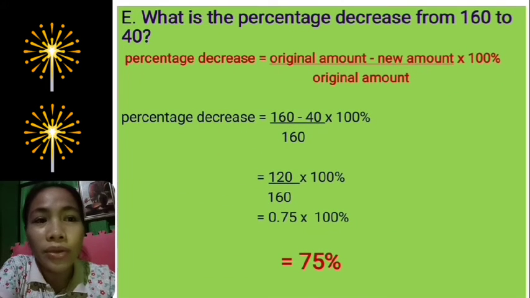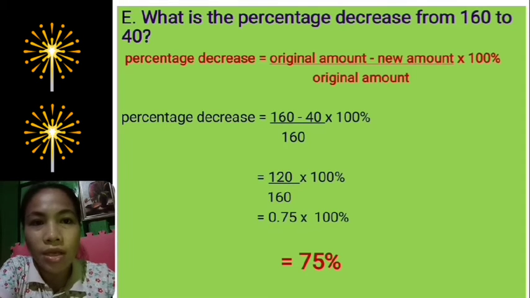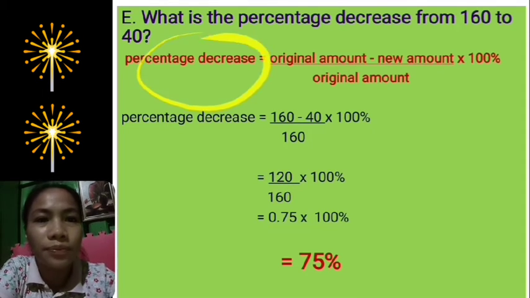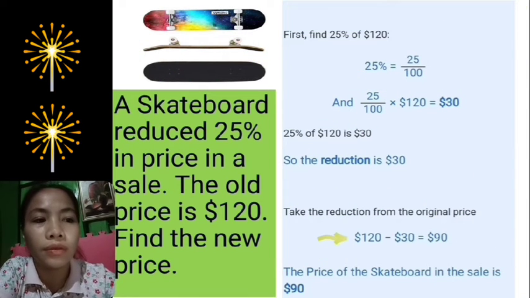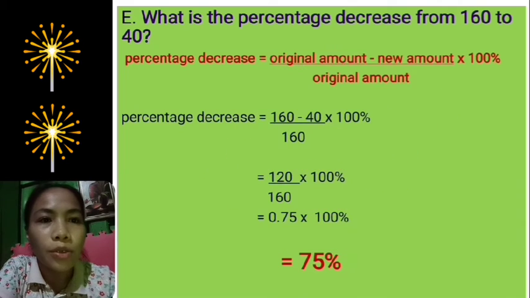Another, let's go to the decrease. What is the percentage decrease from 160 to 40? Percentage decrease is equal to the original amount minus the new amount. Don't forget that.